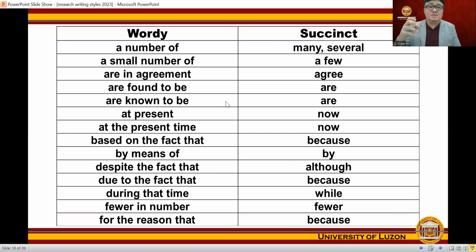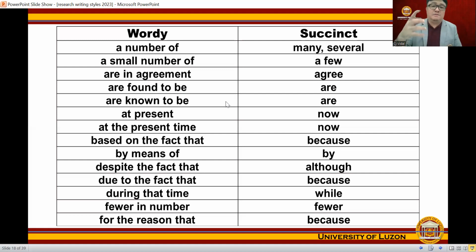"A small number of," instead we use a few. "Are in agreement," we say agree. "Are found to be," instead we use are. And others. "Despite the fact that," instead we use although.